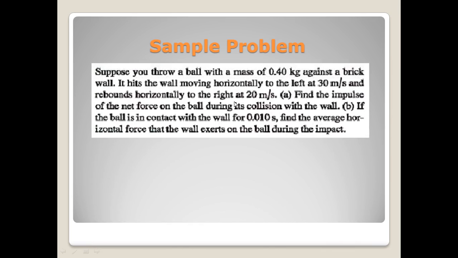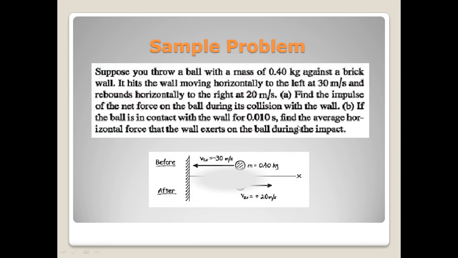Okay, so the velocity of the ball when it is moving towards the wall, moving horizontally to the left, is 30 meters per second. The left direction is indicated by negative 30 meters per second. And it rebounds, meaning after bouncing off the wall, the ball moves to the right at 20 meters per second.